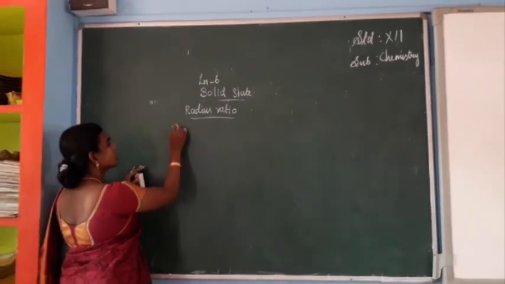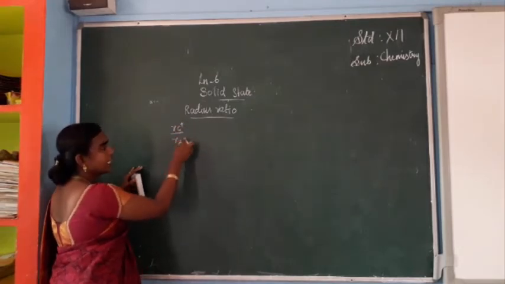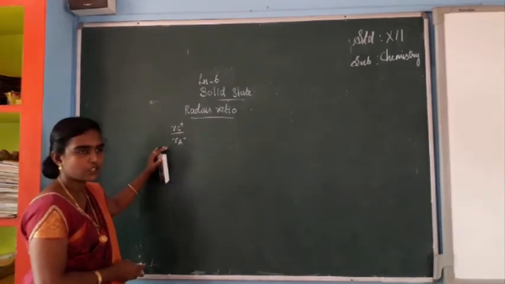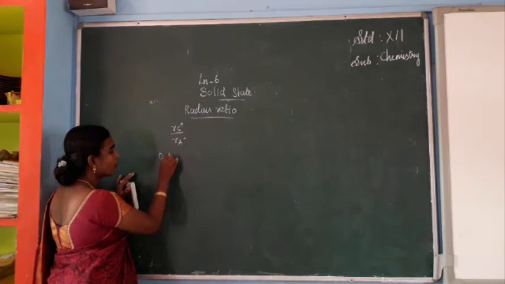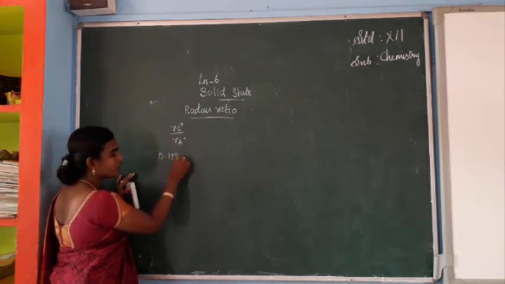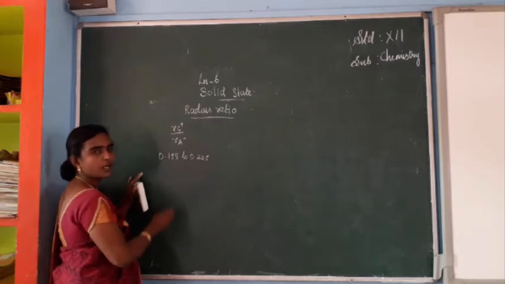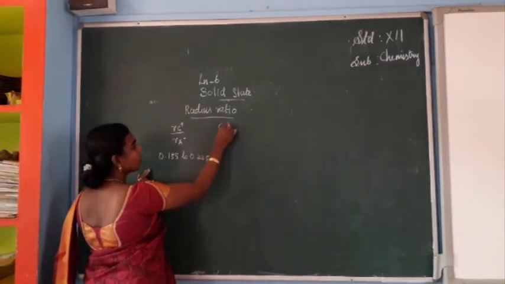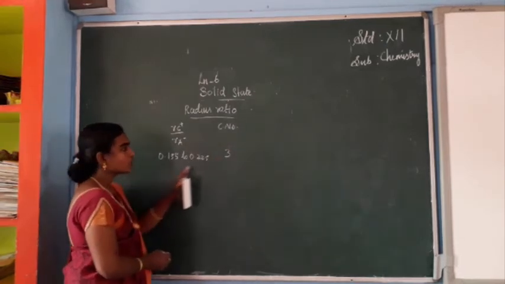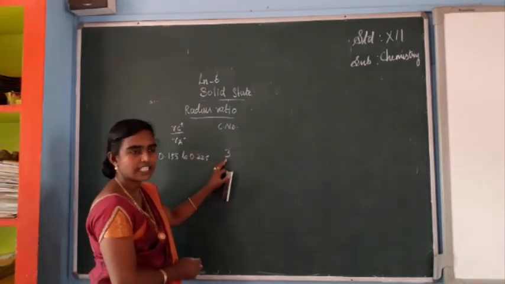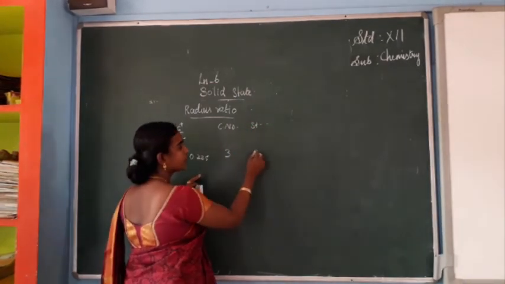It is r c plus divided by r a minus. If the radius ratio value is between 0.155 and 0.225, the coordination number of the crystal is 3. If it is 3, what structure can we expect? That is trigonal planar.